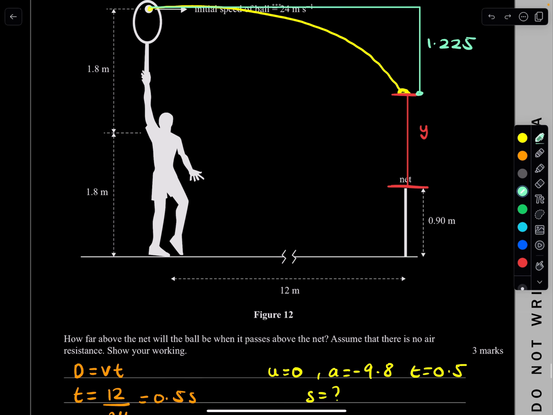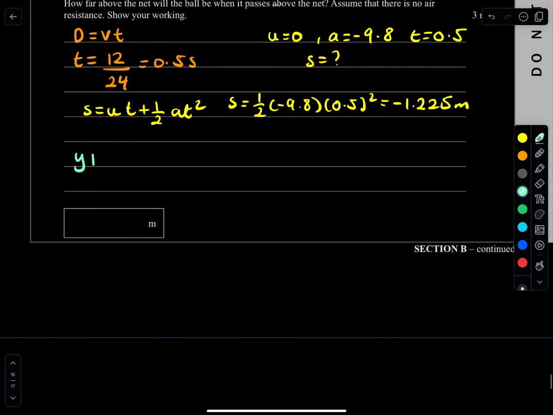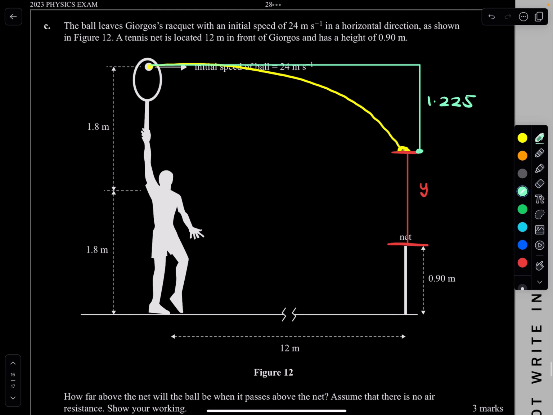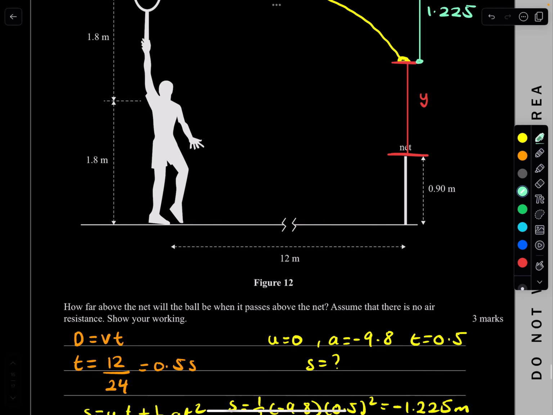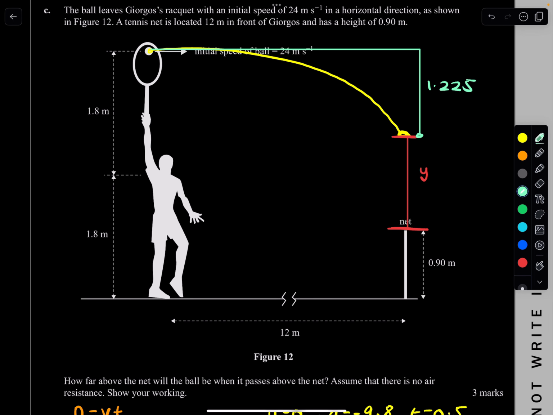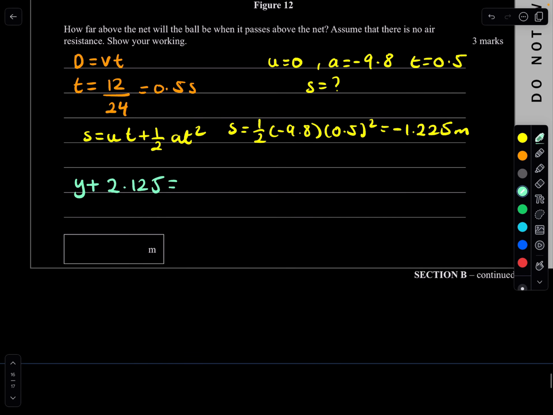So what's y plus 1.225? 1.225 plus 0.9 is 2.125, which should equal what's 1.8 times 2, pretty much? 3.6. So y is basically 3.6 minus 2.125, which is 1.4475, which is basically 1.5 meters.